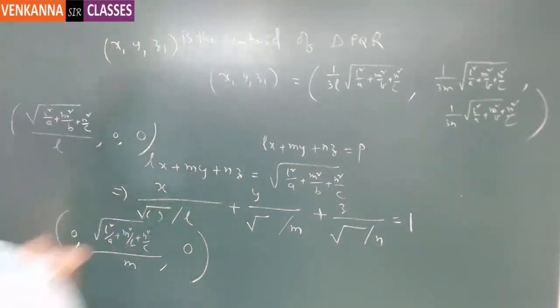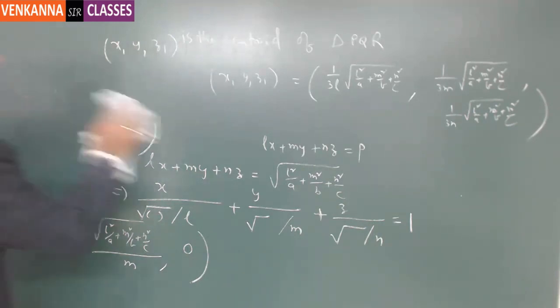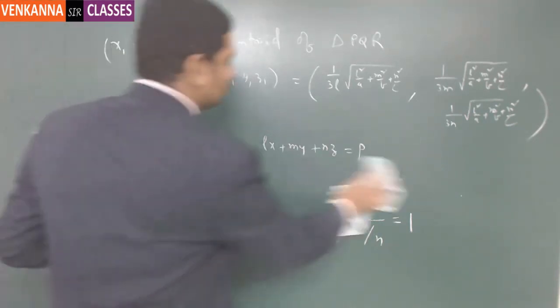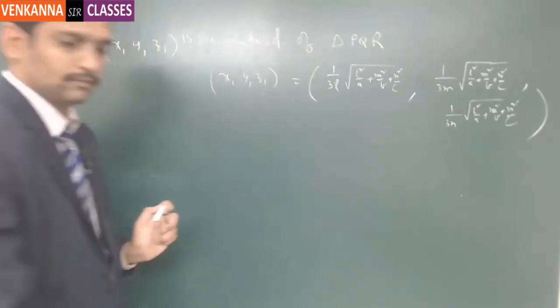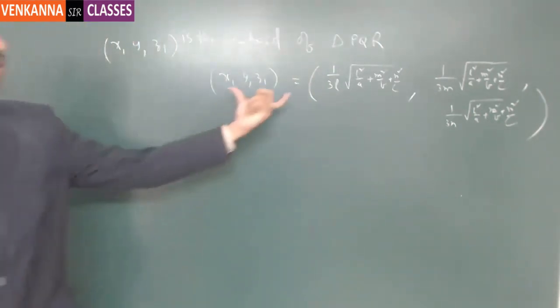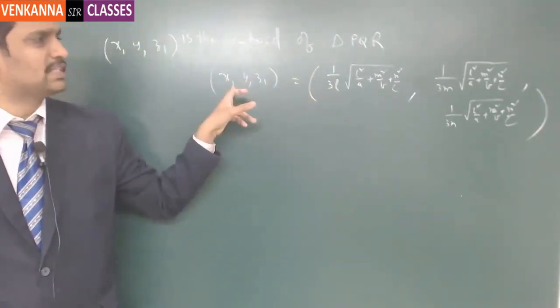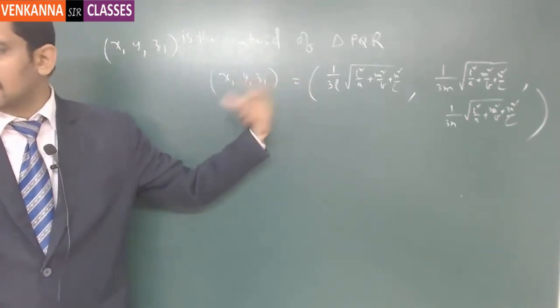So for this, I am doing it as follows. If you take the first coordinate, 3L comes to this side, and I can take squaring on both sides.